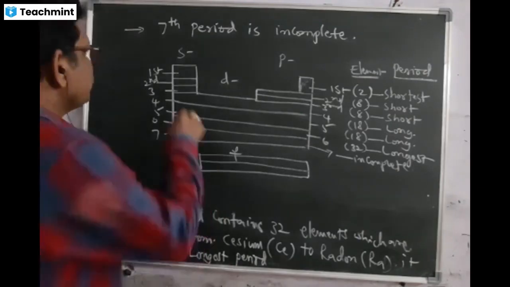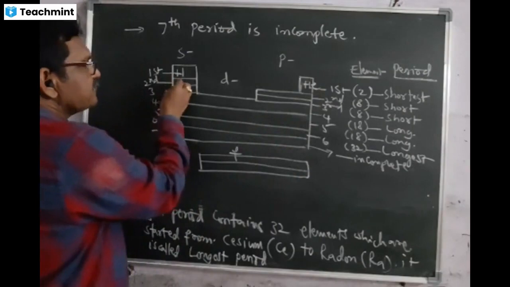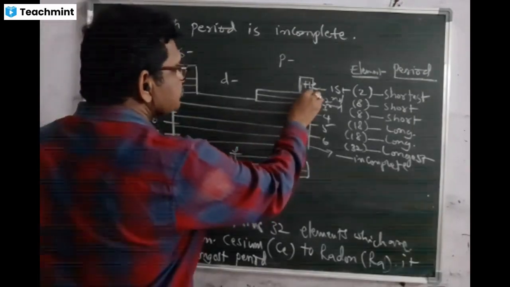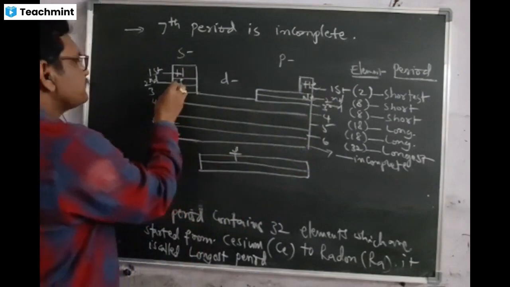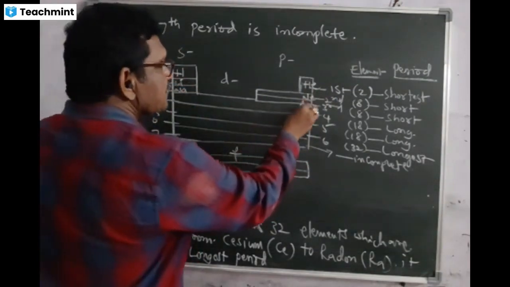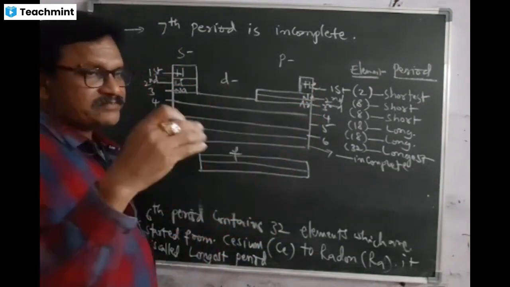Here you try to remember, hydrogen and helium, only two elements. In second period, the first is lithium and the last element is neon. In third period, first one is sodium, last one is argon. Just now we wrote it under theory, comprehensive.